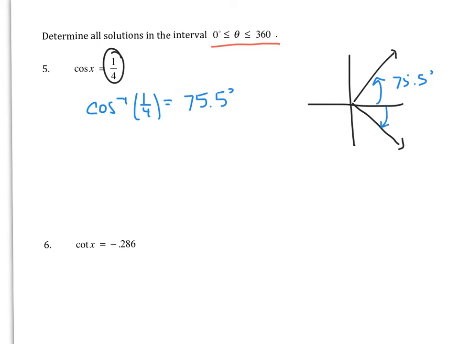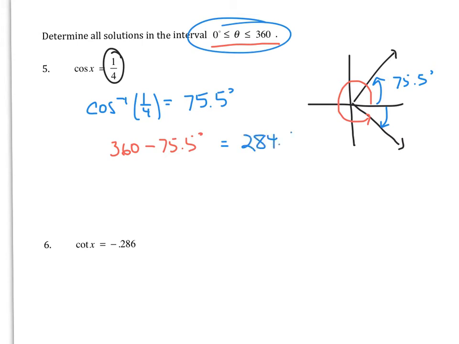But since we want a positive angle, that means that we need the angle that is roughly 360 degrees minus the 75. So 360 minus the 75.5 degrees gives us our second angle at 284.5 degrees.